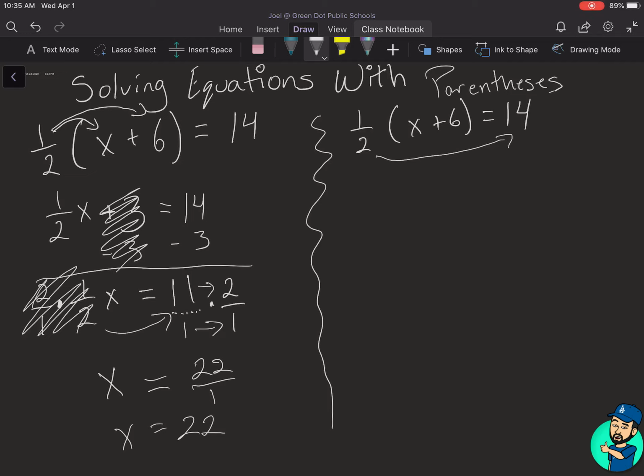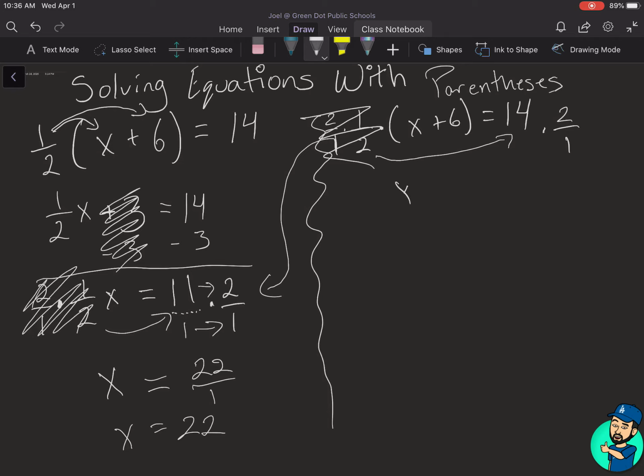So to do that, again, there's an invisible multiplication sign right here. Just like we did over here, I am going to multiply both sides by the reciprocal. That means multiply by 2 over 1. Now this cancels out.